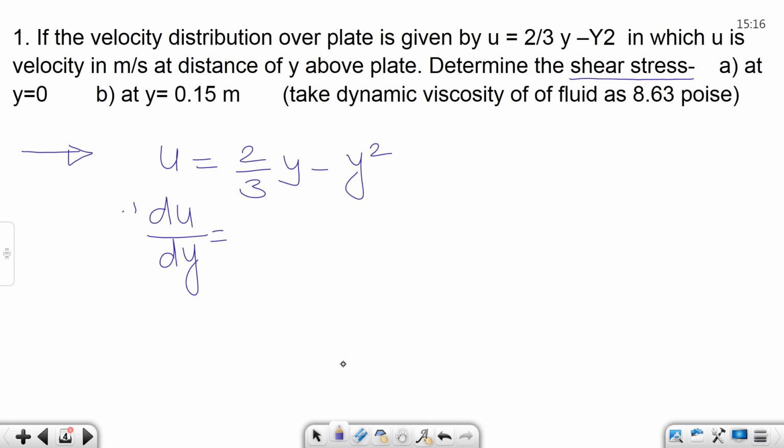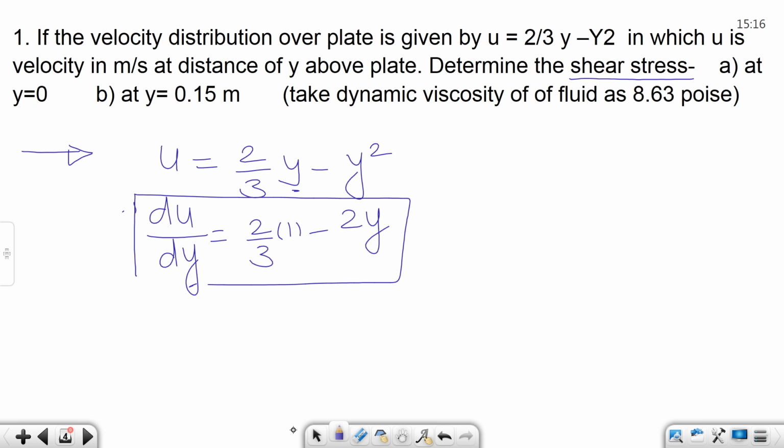The derivative of y is 1 because we are taking the derivative with respect to y. So 2/3 into 1, that is 2/3, minus the derivative of y square, which is 2y. Now this is the equation which we got, that is du by dy, the velocity gradient.